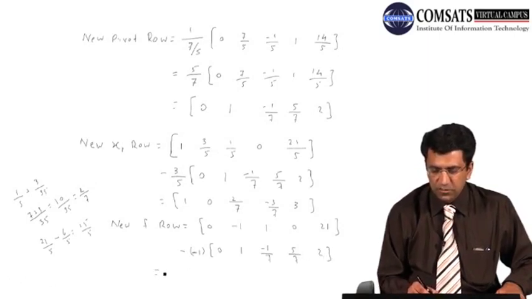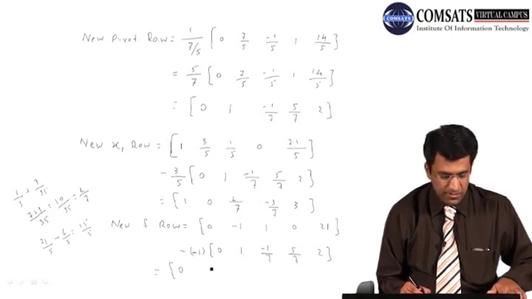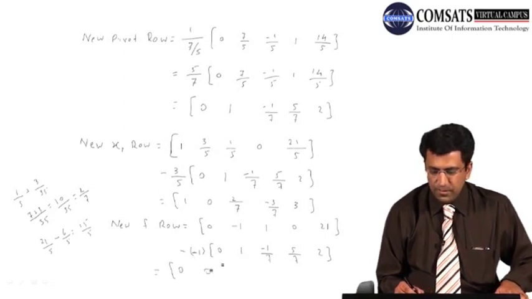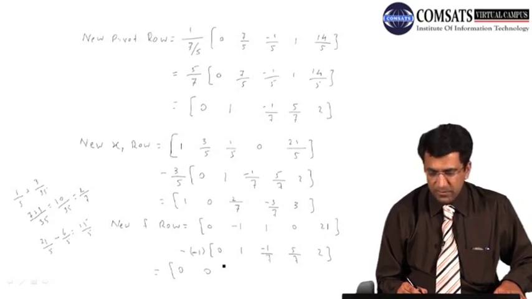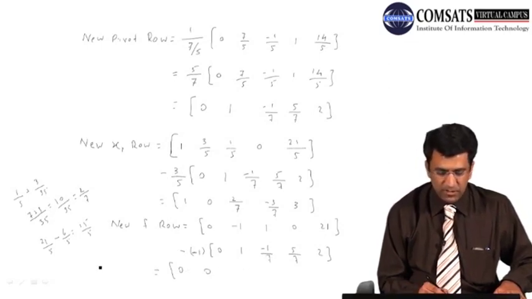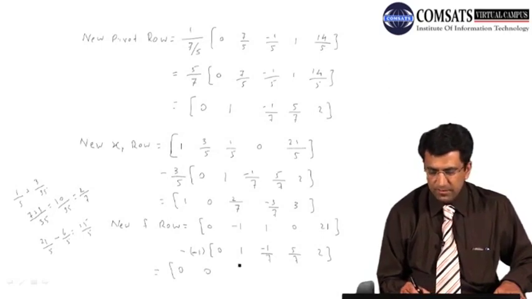So again we will solve this particular equation. 0 minus 0 will become 0, then minus 1 minus minus, plus 1, it will become again 0, then 1 minus minus, plus, again minus 1 by 7, so 1 minus 1 by 7 will be equal to 6 by 7.